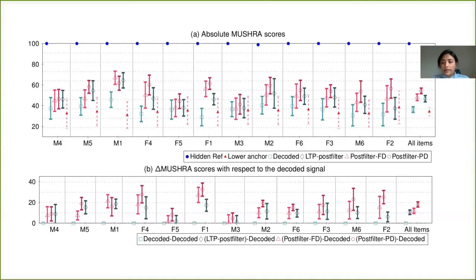So all in all, we can say that while the objective scores did show an improvement both in the perceptual domain and the frequency domain, it's mostly the perceptual domain post-filter that is shown to have a perceptual influence over the LTP post-filter.